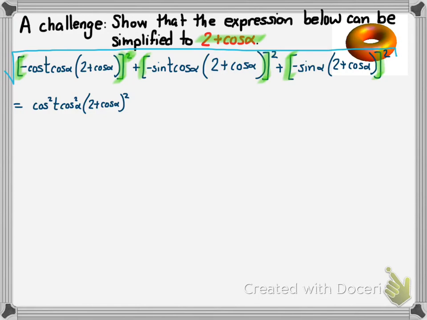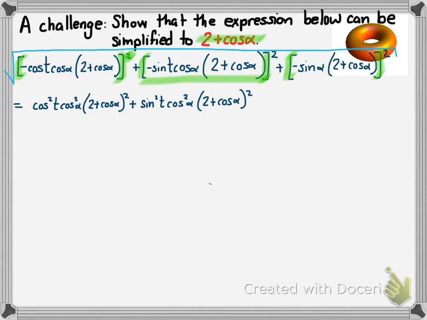So I've distributed that first square. We now move on to the second set of parentheses, and we would like to square everything in there. First we have negative sine of t. We square the negative, it becomes positive, and so we have sine squared t. We square cosine alpha, so we have cosine squared alpha, and we square the 2 plus cosine alpha.